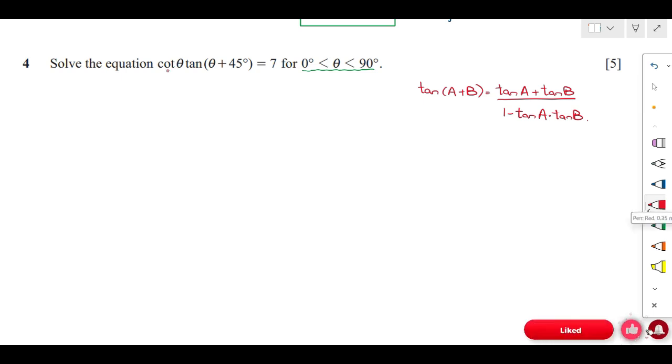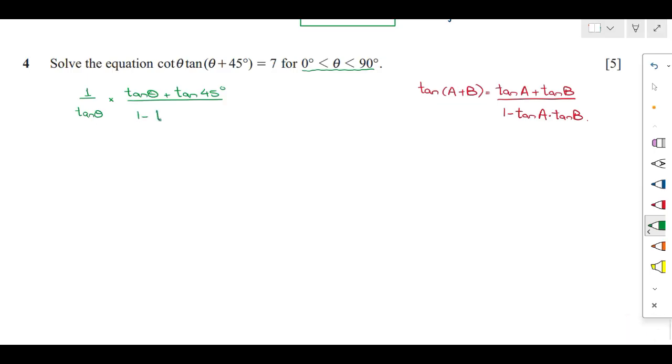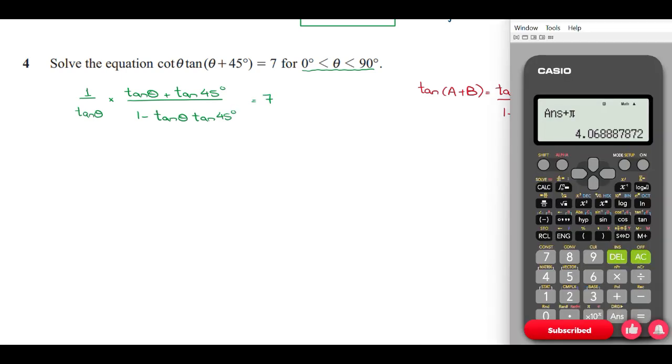Cot is the reciprocal of tangent, right? So everything is in tangent, so we can say cot is basically 1 over tan theta. The reciprocal of tan theta is cot theta, and tangent of this would be tangent of theta plus tangent 45 degrees divided by 1 minus tangent theta times tangent 45 degrees, that is equal to 7, and tangent of 45 is always equal to 1.